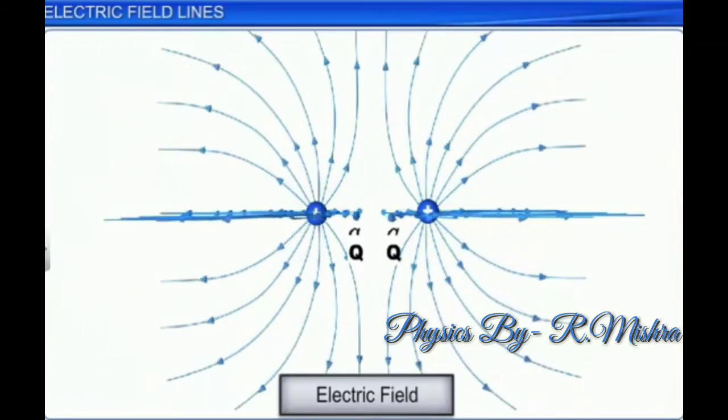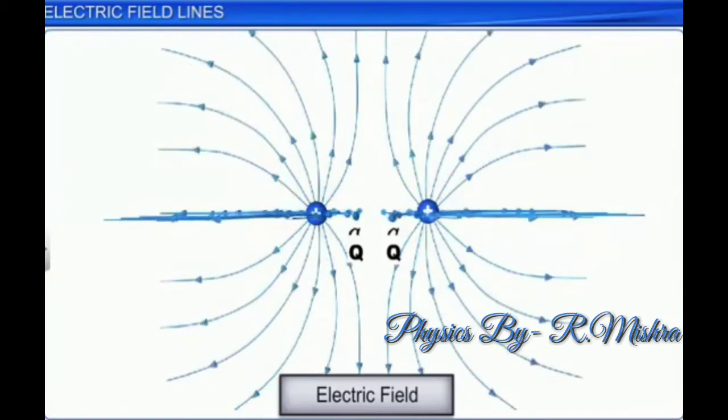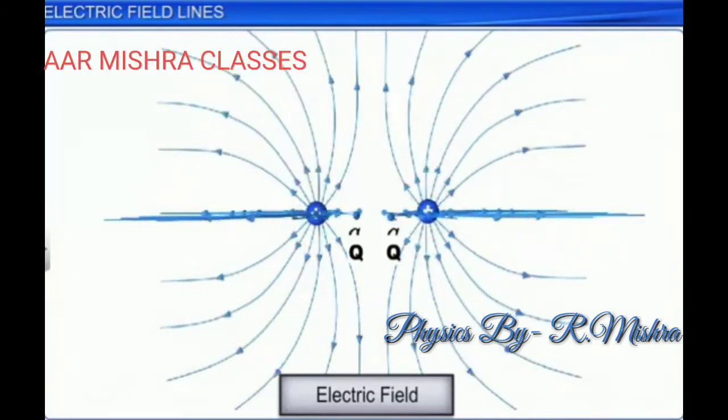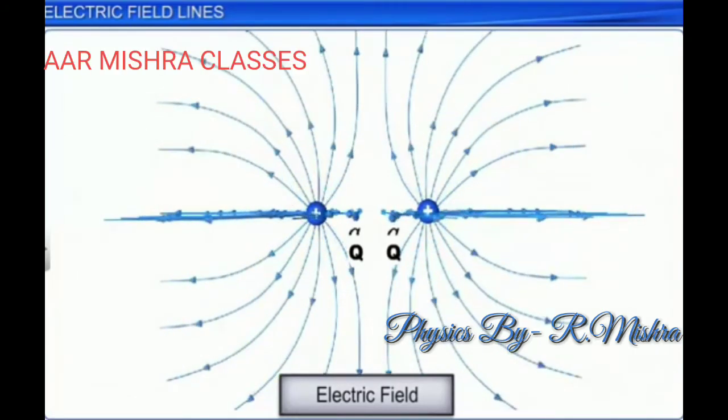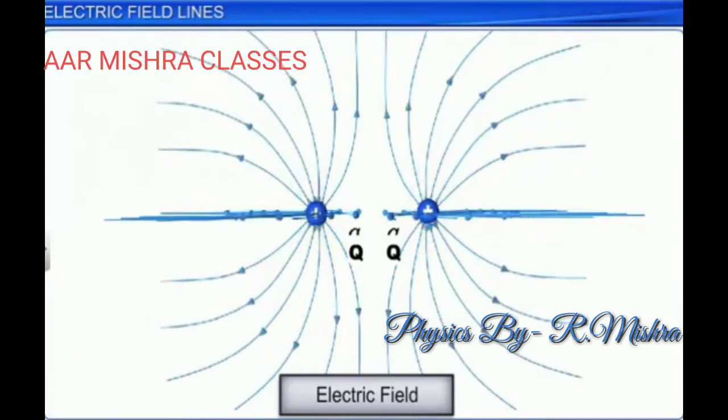Let us now visualize the electric field lines for a system of two positive charges, say plus Q each. From the field lines, we can see a very clear picture of the repulsion existing between the system of charges shown.